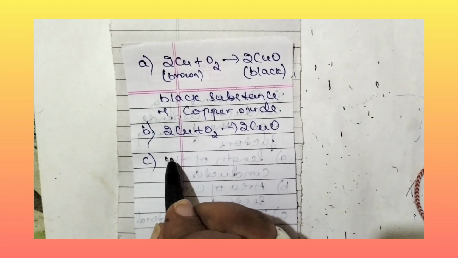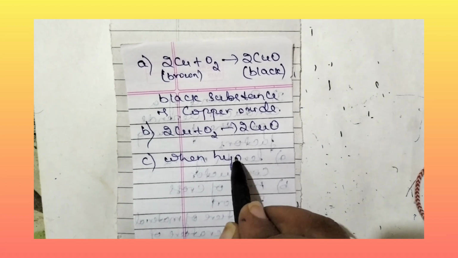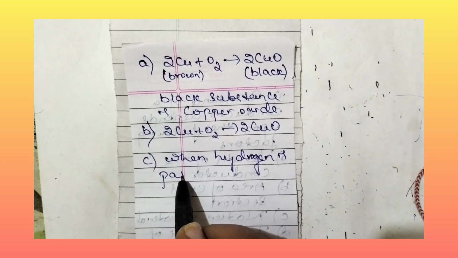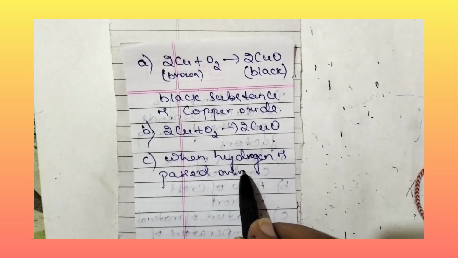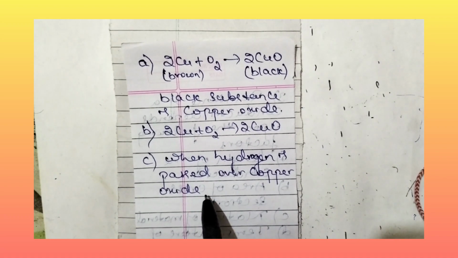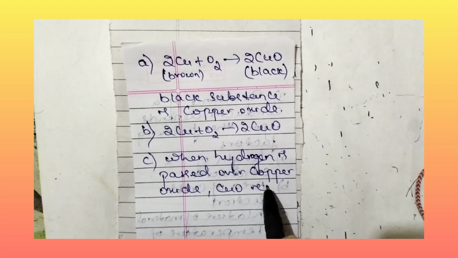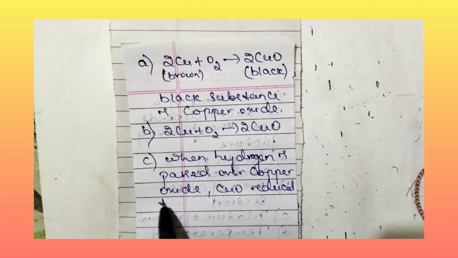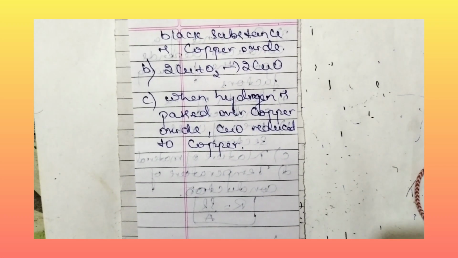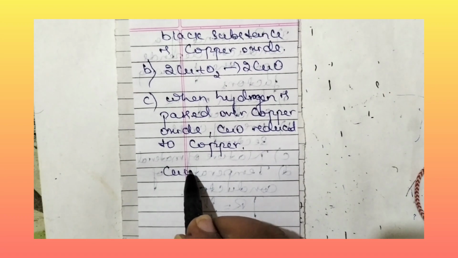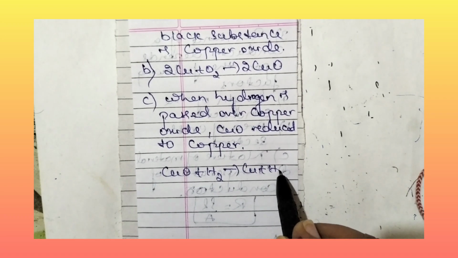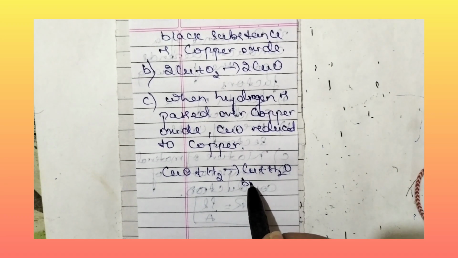So when hydrogen is passed over copper oxide, copper oxide is reduced to copper. So CuO plus H2 give rise to Cu plus H2O. This Cu is brown in color.